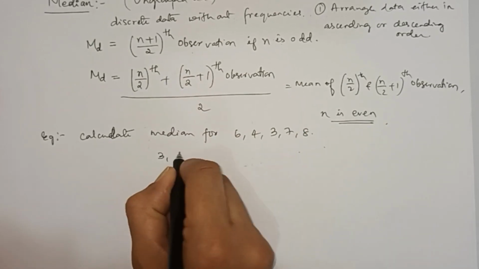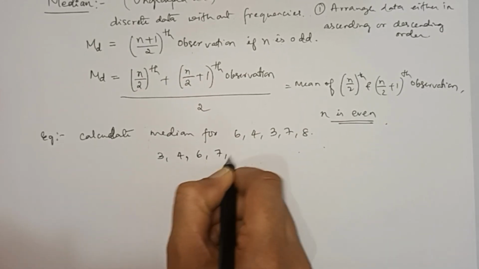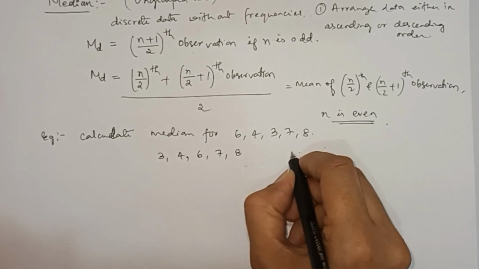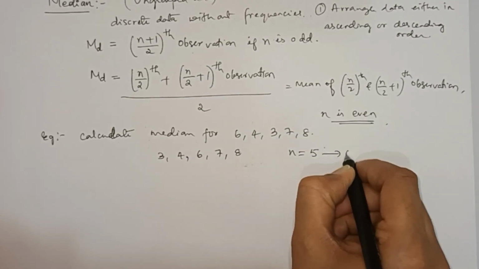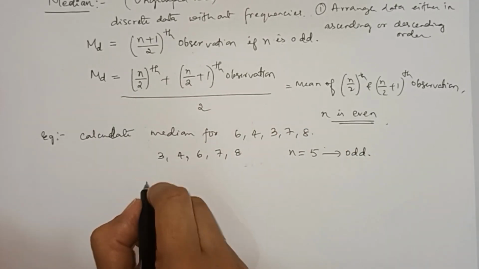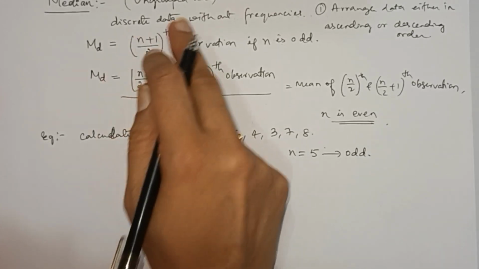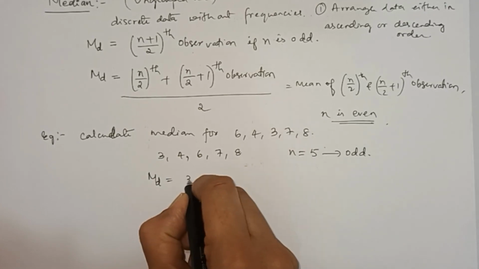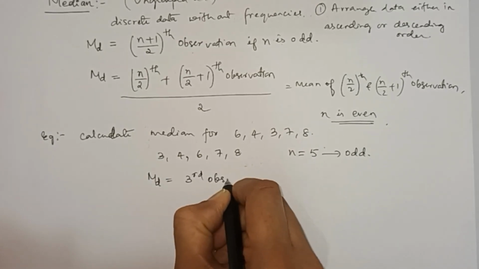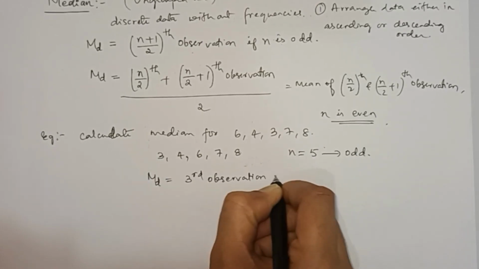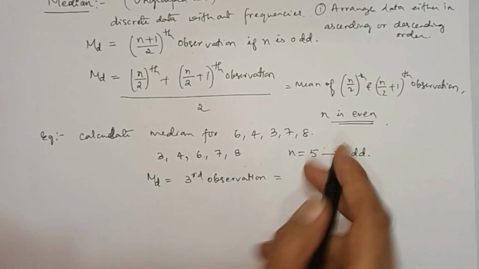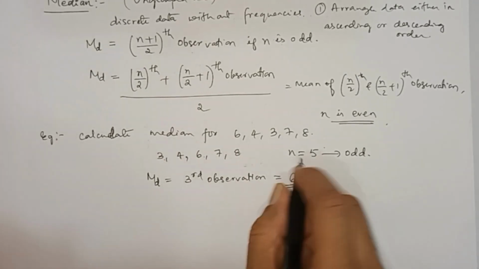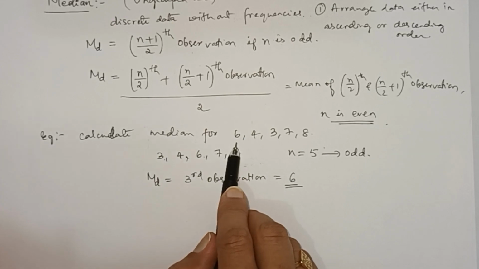So 3, 4, 6, 7, 8. How many observations do you have? N equal to 5, which is odd. Therefore, median equal to the (n plus 1) by 2th observation, 5 plus 1, 6 by 2, so the third observation. What is the value of the third observation? 1, 2, 3. So 6. So the median of this data is 6.